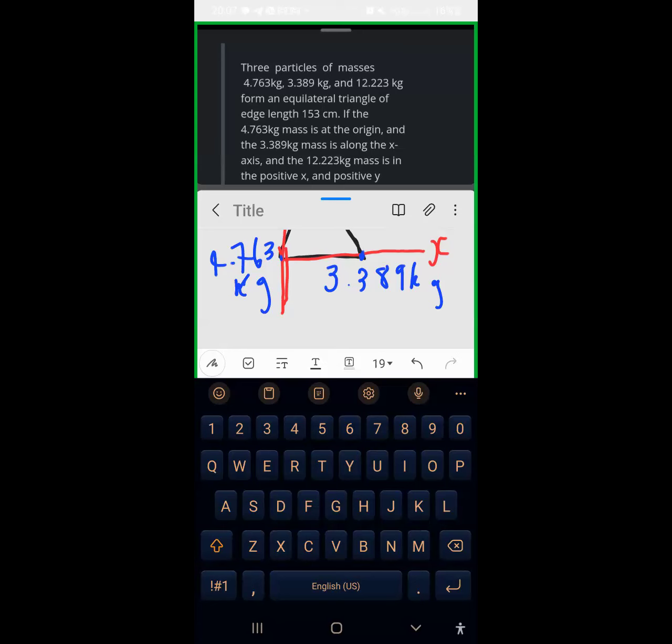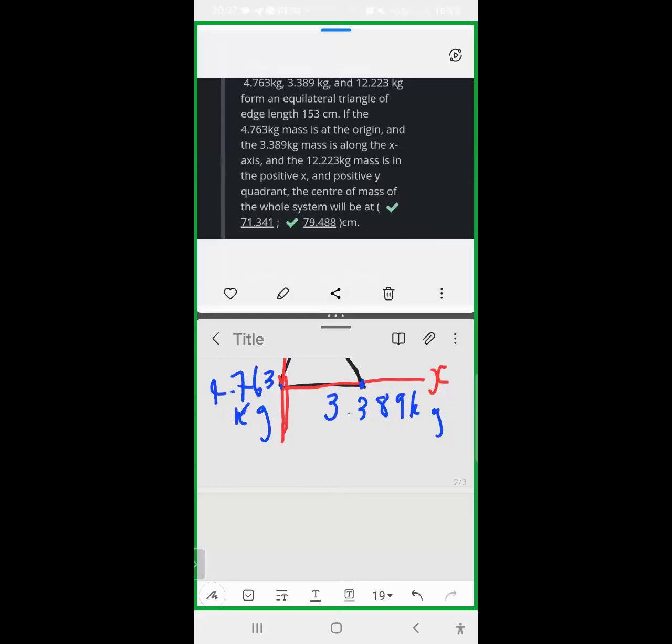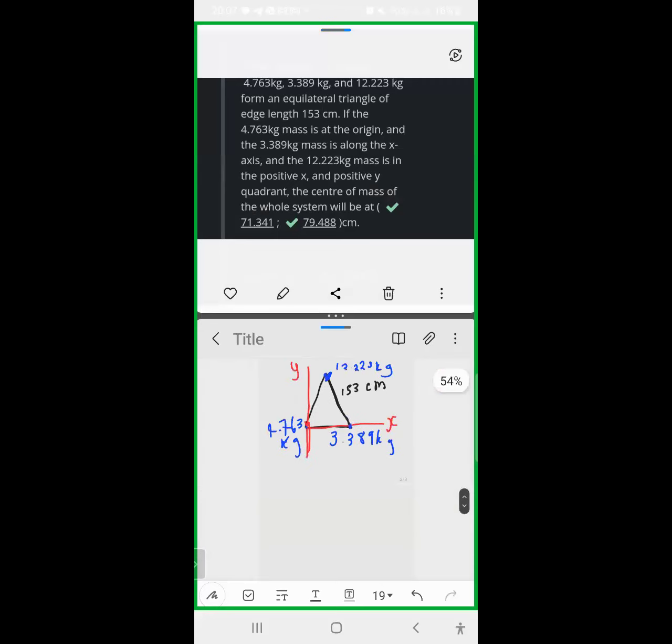So I'm gonna make use of a table. Since now I have all the required information, I can continue and do my calculations.